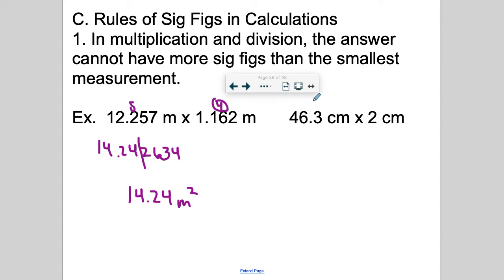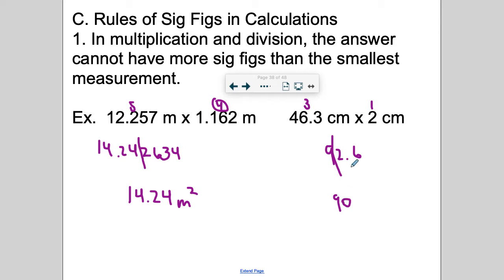All right, so 46.3. We have 3 sig figs, and this is just 1. So your answer has 1 sig fig. So 46.3 times 2, I get 92.6. And now I can only go 1 sig fig. So it's just going to be 90.